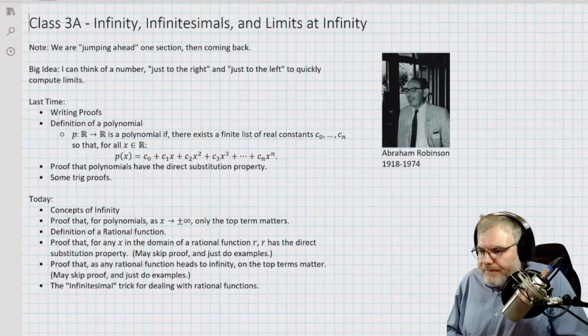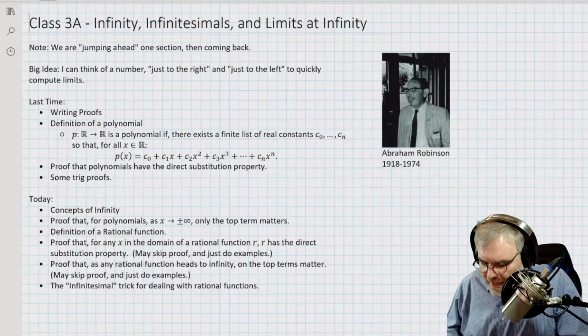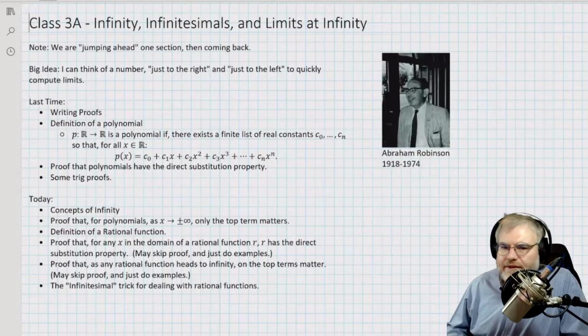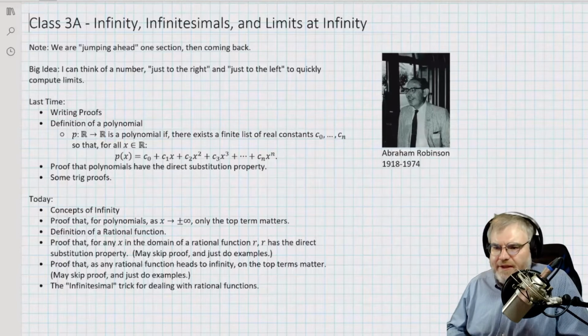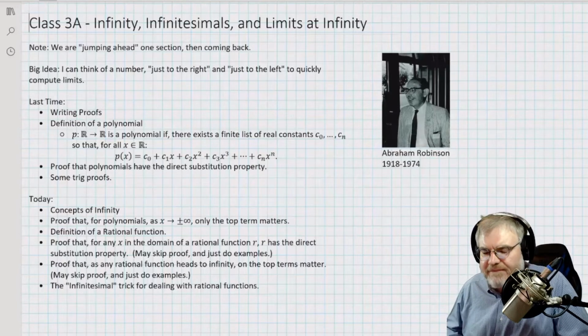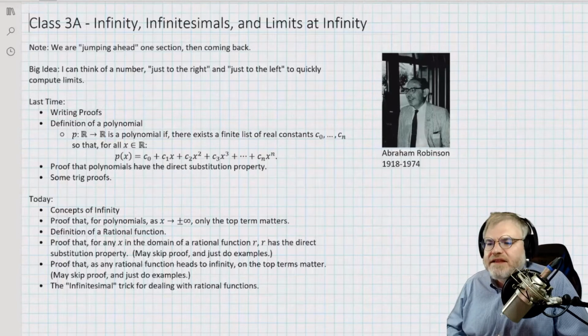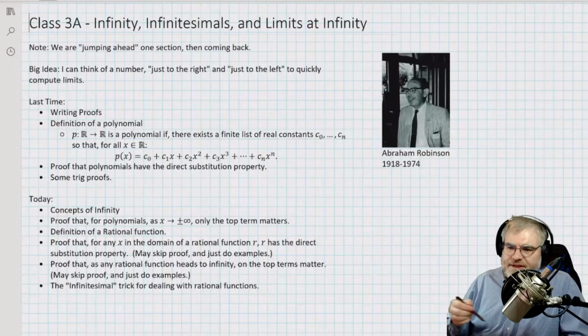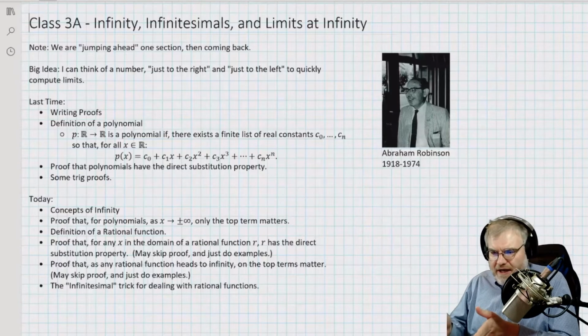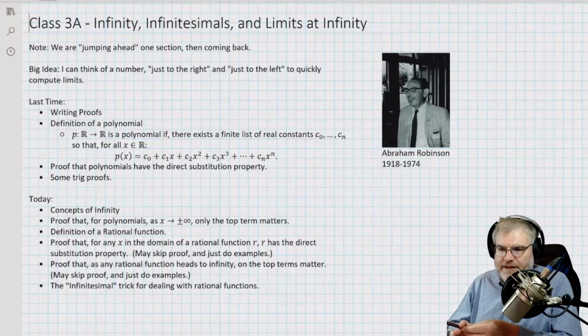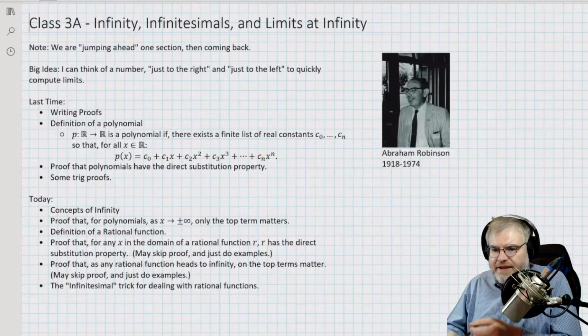Okay. So the last time we were talking about things like the definition of a polynomial, then how to write proofs and all of those things. And those are very important. Today we're going to skip a section. The book goes on to talk about continuity, which is very important. We'll talk about it on Thursday.